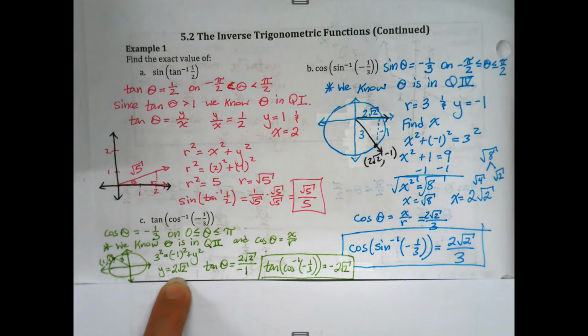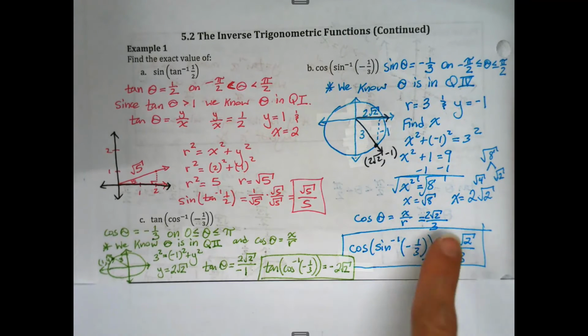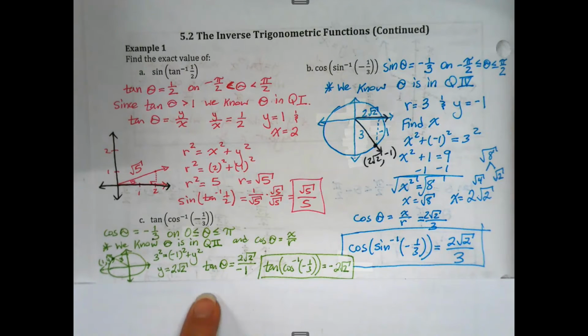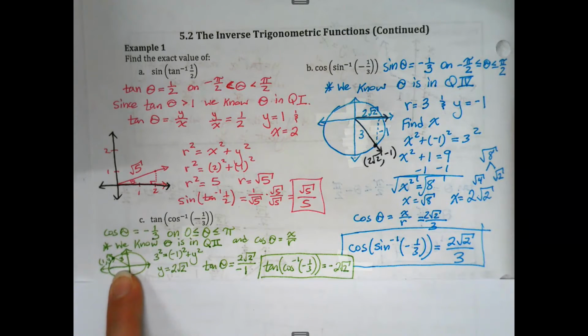And if you don't know why it was 2 square root of 2, it's the same reason it was in part B. Then, now we need to evaluate tangent for this angle. And we have our x and we have our y. Tangent is y over x.